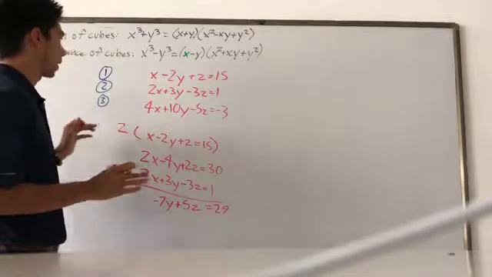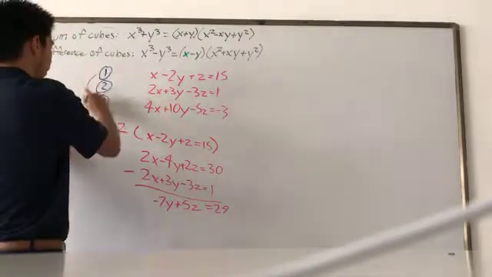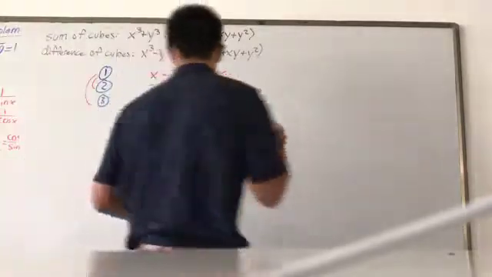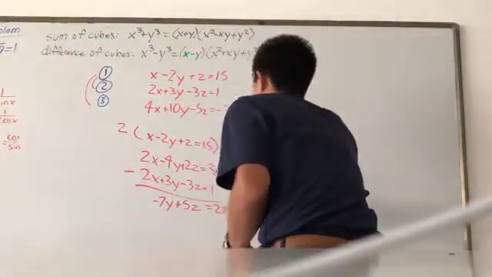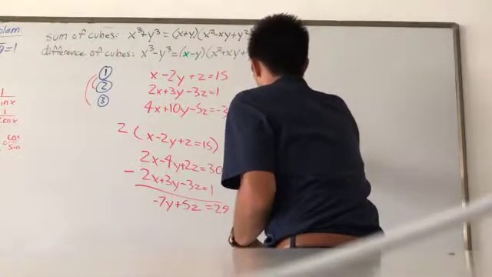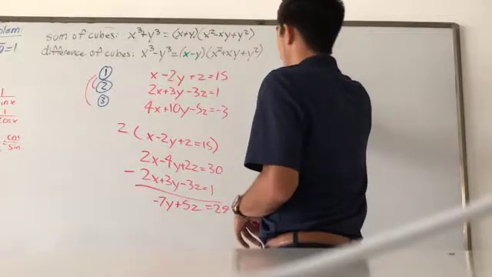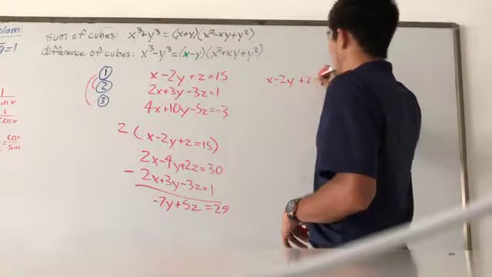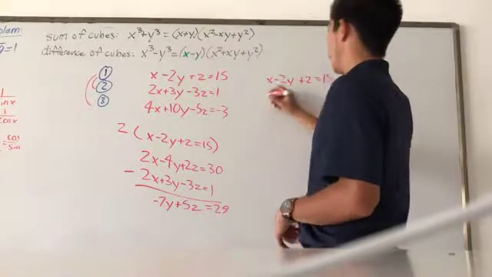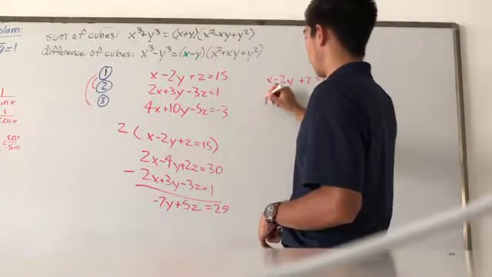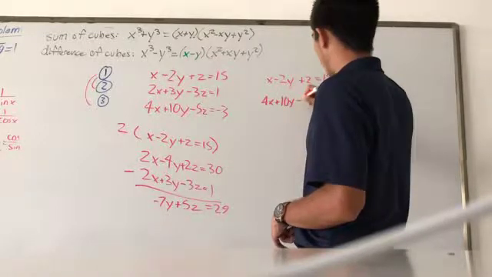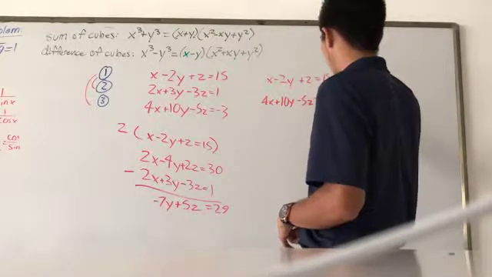I'm going to do the same process now, but with 1 and 3. So I want to do it with 1 and 2 and 1 and 3. Okay, so I'm going to write my equation down here. I have x minus 2y plus z equals 15. And then I need to make it look like 4x plus 10y minus 5z equals negative 3.